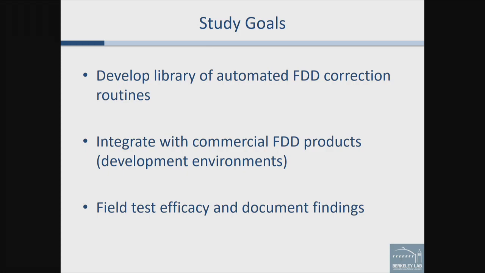Our study goals: first, we would like to develop a library of automated correction routines. And then we are also working with our partners. We have 3 FDD providers who have their own commercially available FDD tools. So we are working with them to convert this auto-correction code into their development environment. And after that, starting this year, we will do field tests. We will select demonstration sites and test our auto-correction routines in real buildings.